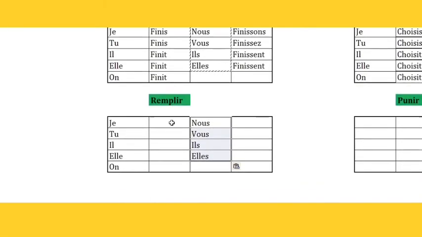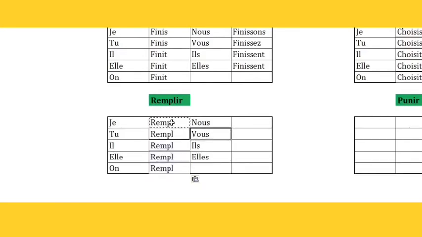Okay, now we are conjugating remplir. With remplir, the first rule is we have to delete IR. So let's write. It's rempl. First rule is done. Now what we want to add is IS.